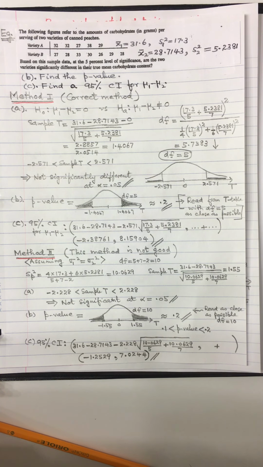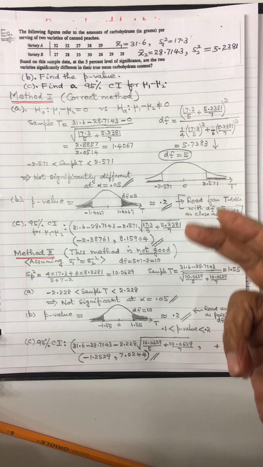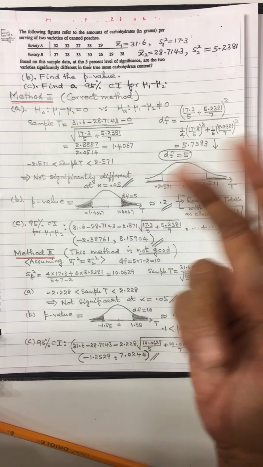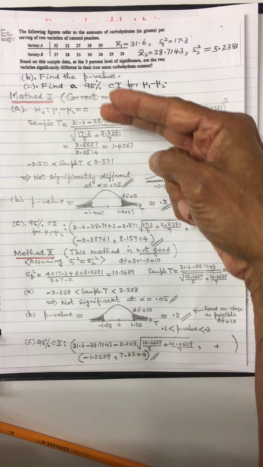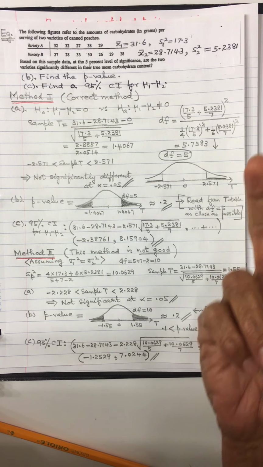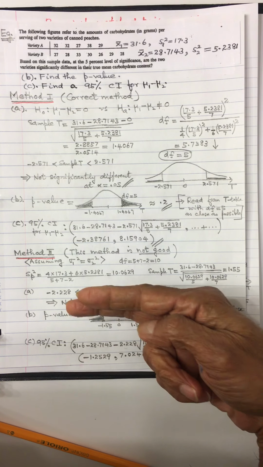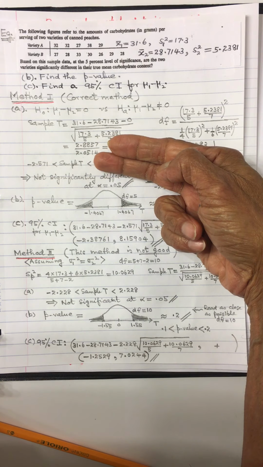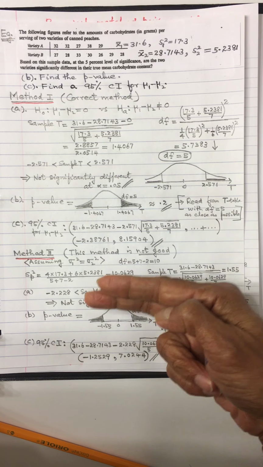So if you are using, say for example, Minitab or R or anything, in Minitab there's a box to cross. It will ask you whether you want to use the equal variance assumption or not.